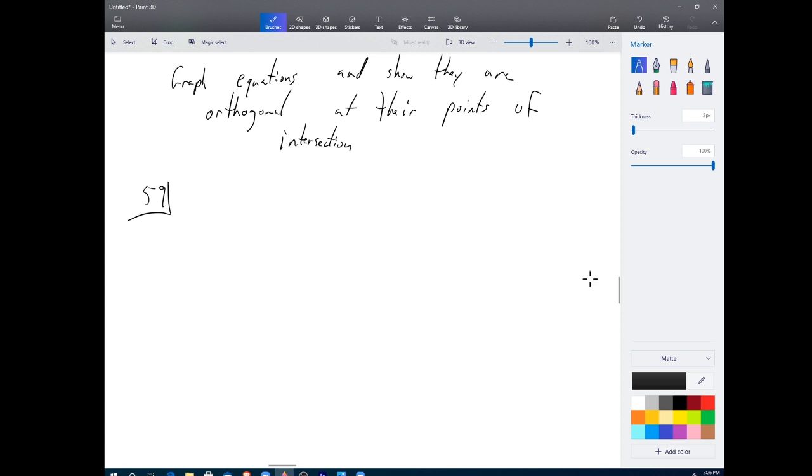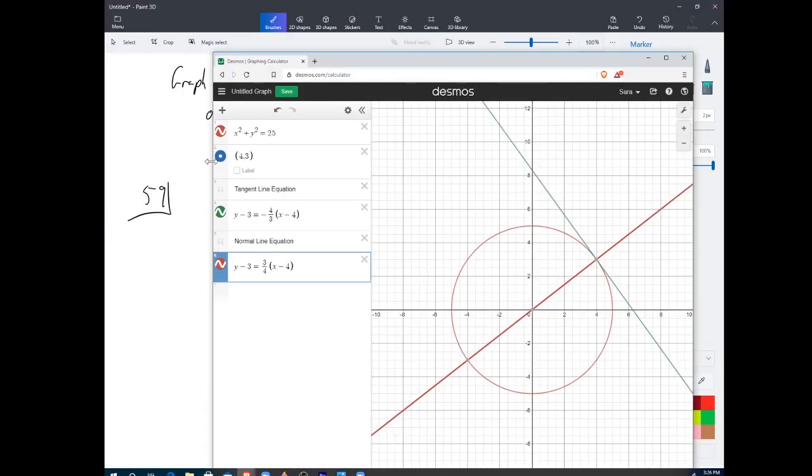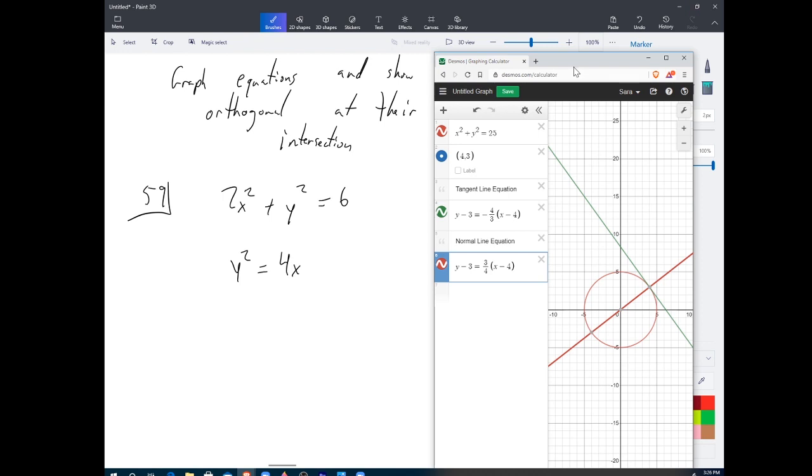The equations that they give us there are 2x squared plus y squared equals 6 and y squared equals 4x. So let's start by graphing them. Get an idea of where those points of intersection are.